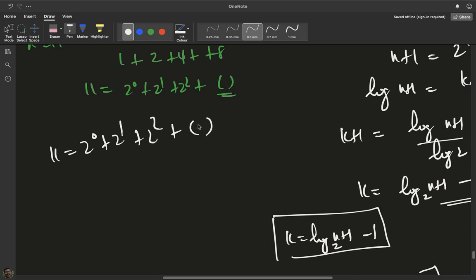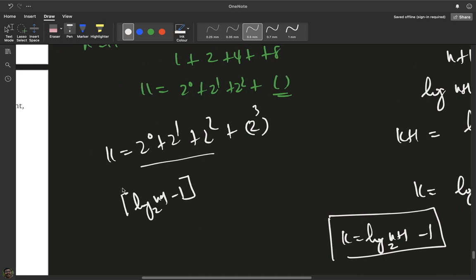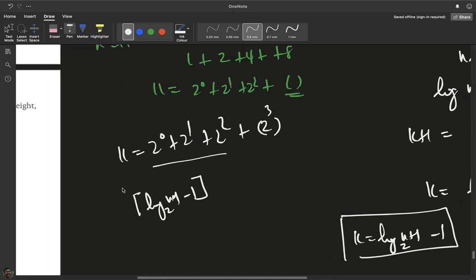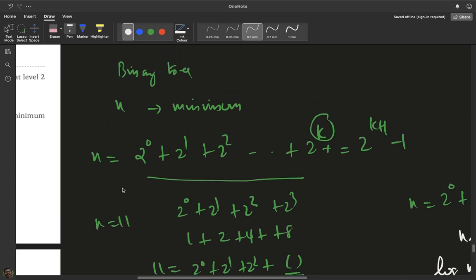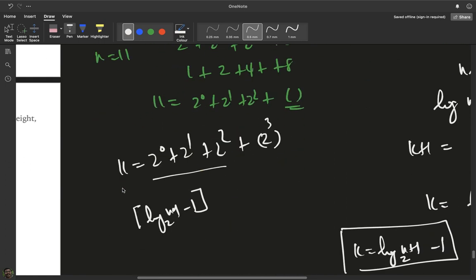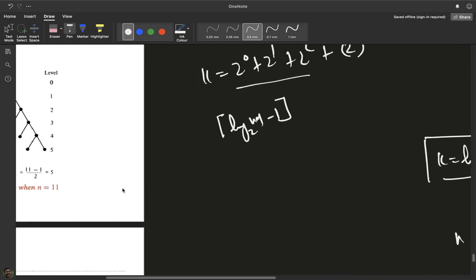In that case, when you try to distribute these 11 vertices, you can't include all of them in these many levels, so you need an extra level there. So that is where the factor of 2 cube comes in, and that is where the smallest integer function of log n plus 1 to the base 2 minus 1 comes from. Okay, so that is the minimum level, minimum height possible in a binary tree with n vertices. So we have decided a lower bound there.